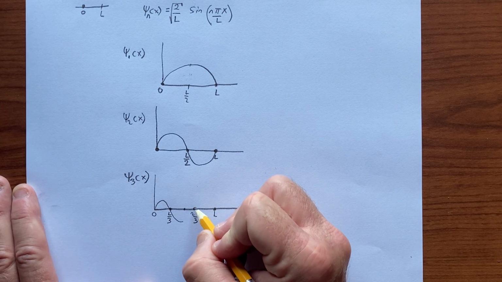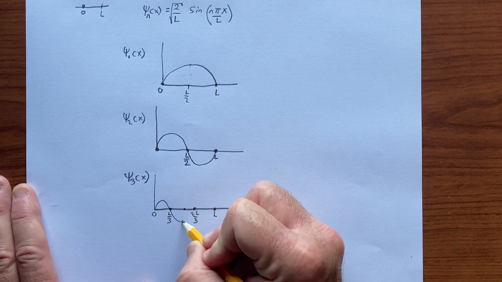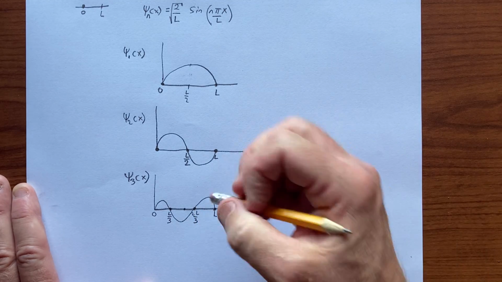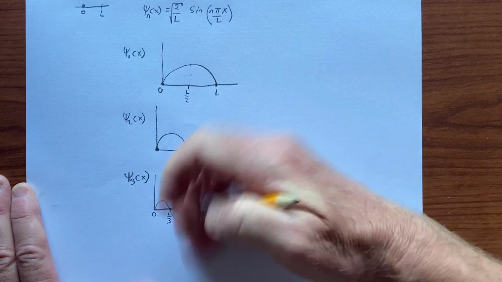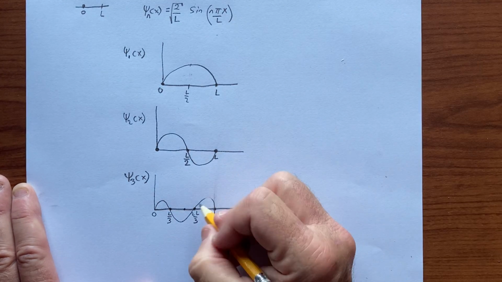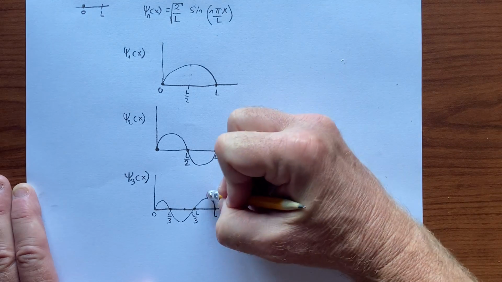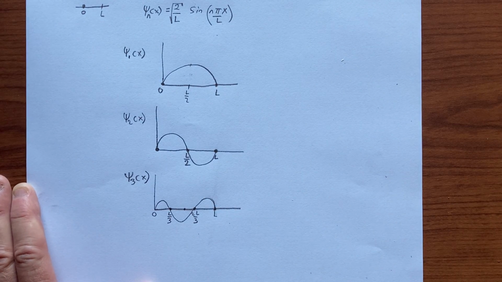So we're going to come up here and come down here like that. It's a little too high there. Basically, that's the function, and so we can see that it has even parity.